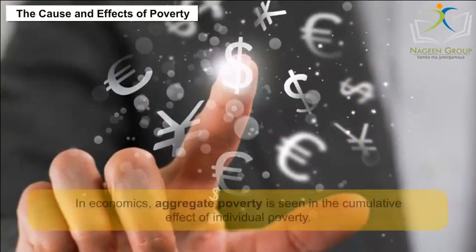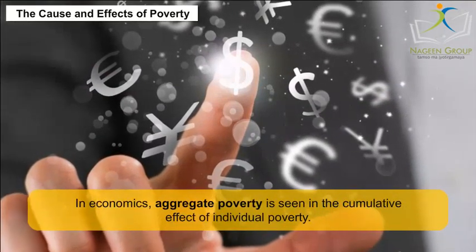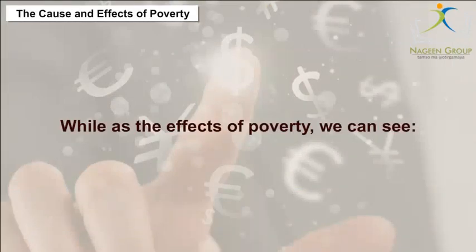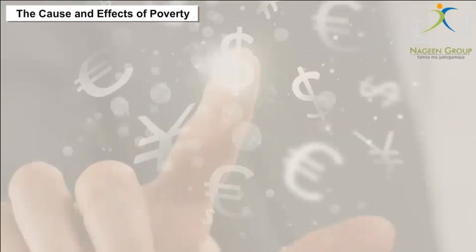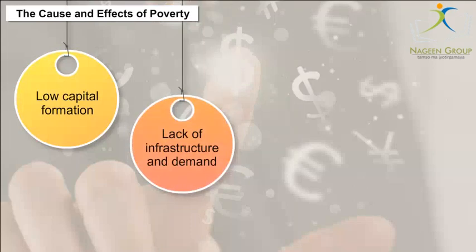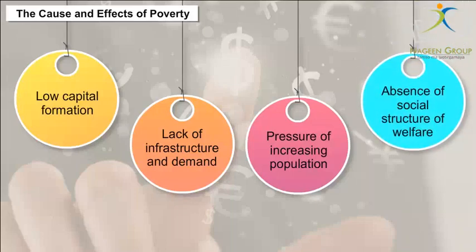In economics, aggregate poverty is seen as the cumulative effect of individual poverty. As the effects of poverty, we can see low capital formation, lack of infrastructure and demand, pressure of increasing population, and absence of a social structure of welfare.